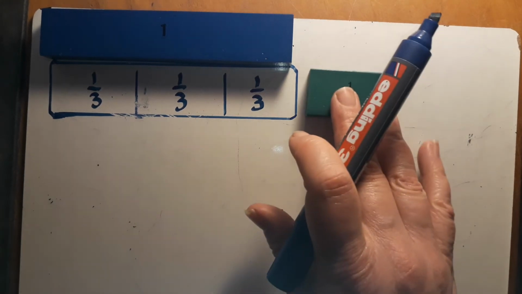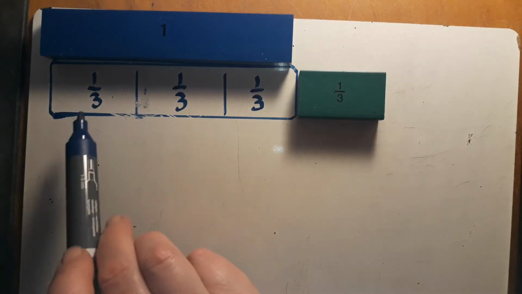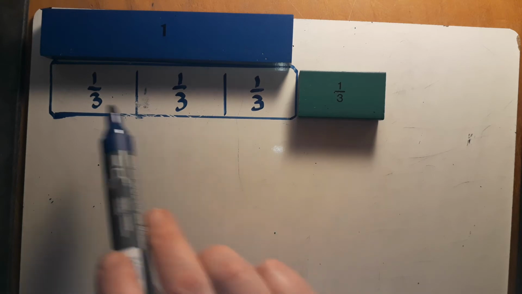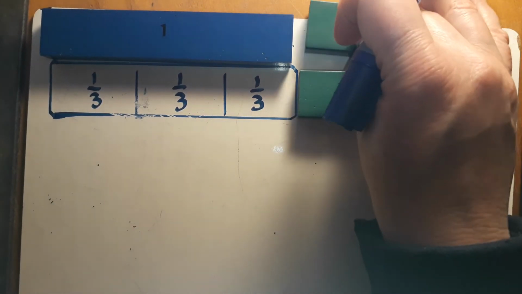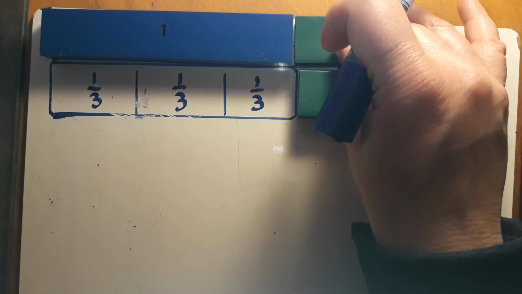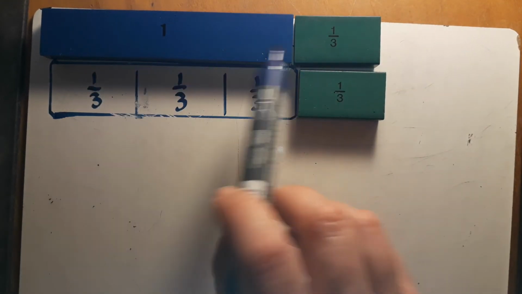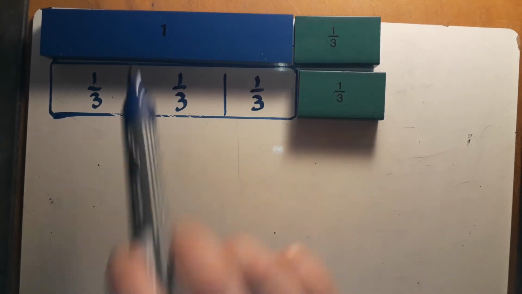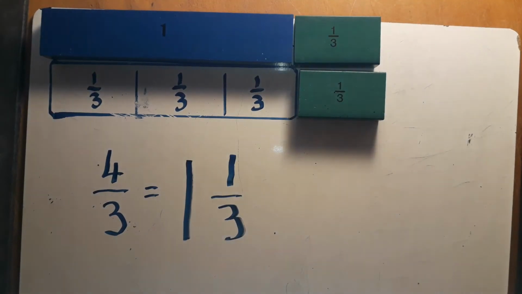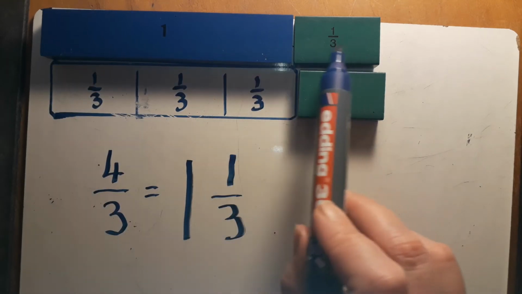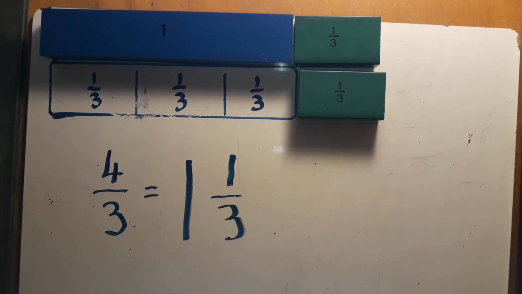If I add another third here, I would have 1, 2, 3, 4/3, and to have the same amount in the bar above, I would have to add another third to my whole. So 4/3 is the same as 1 whole and 1/3, and there we can see the 1 whole and 1/3.